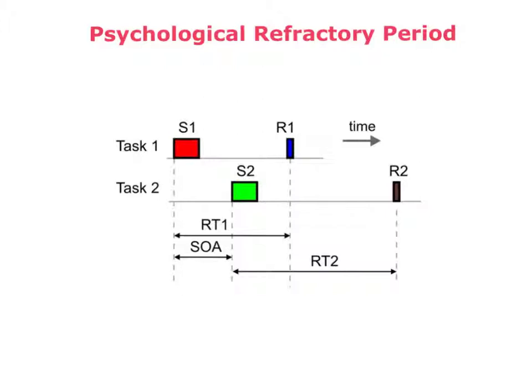The psychological refractory period comes about when we get two stimuli very close after each other.